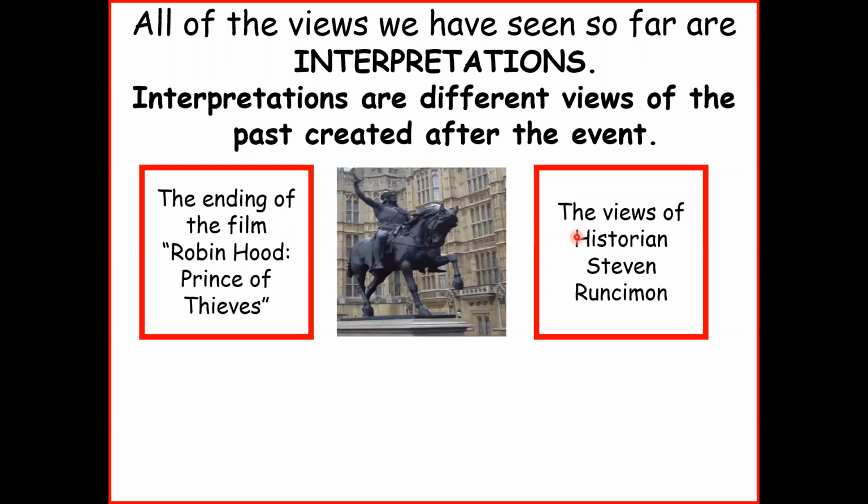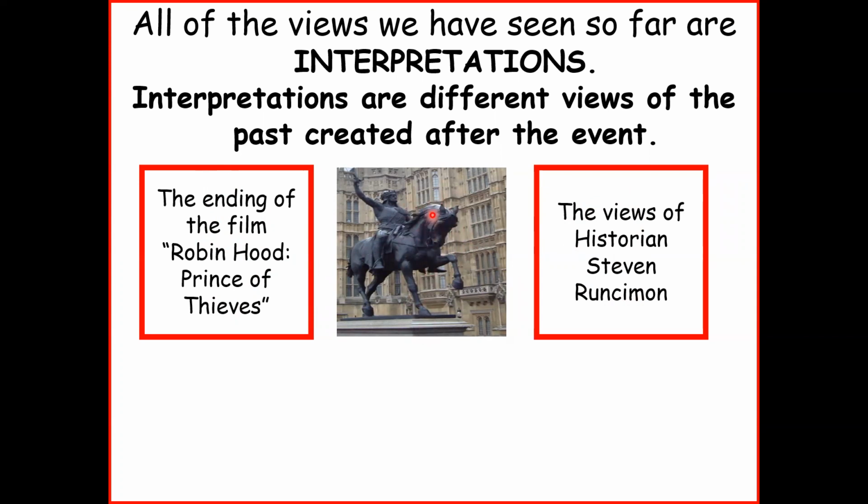So all of the views we have seen so far are interpretations, different ways of interpreting a person in history. The reality is each one of these different interpretations is not a contemporary primary source from the time.